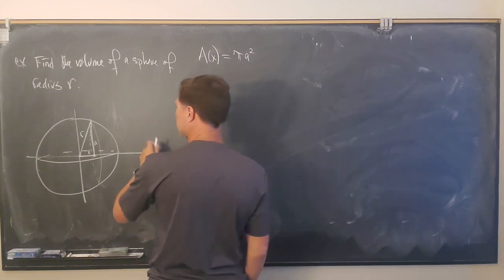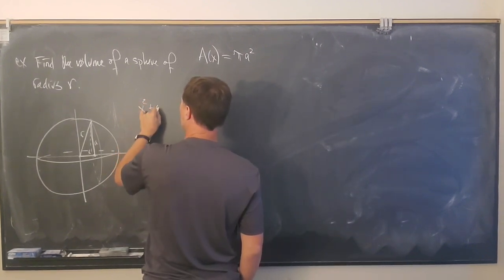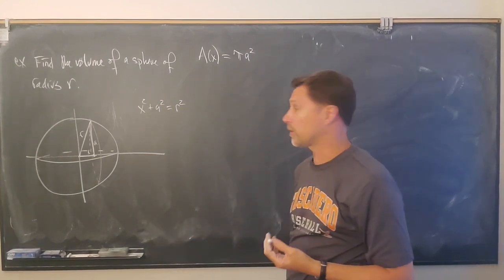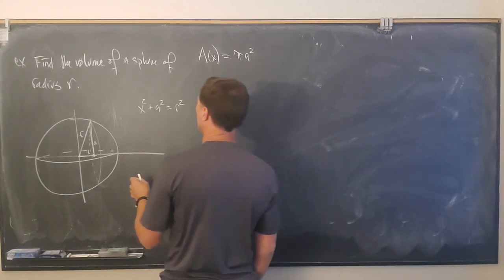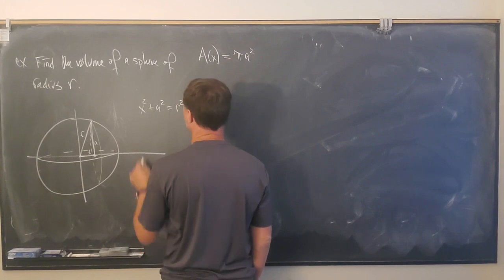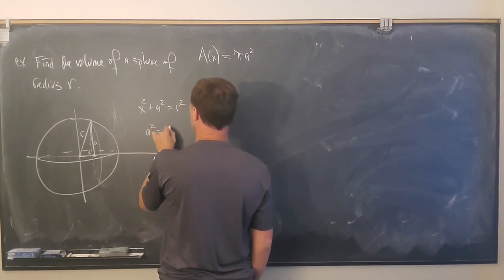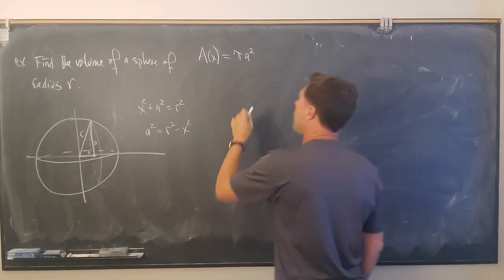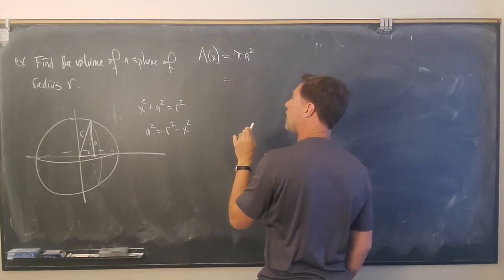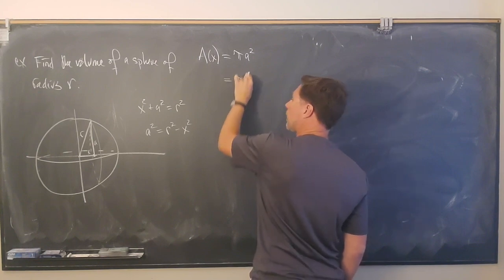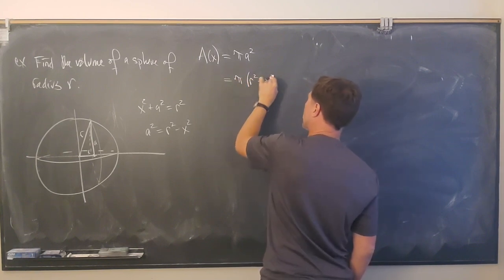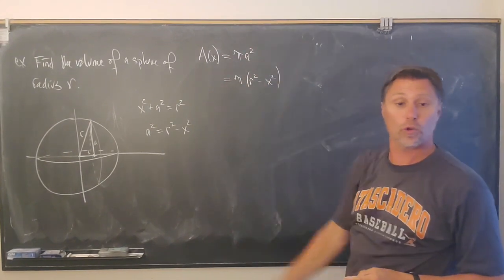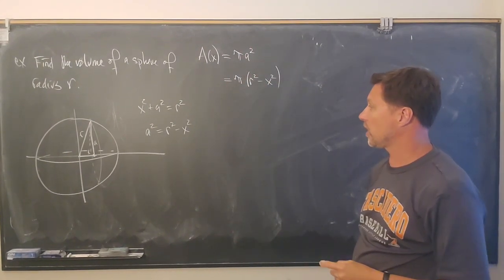We know that x squared plus a squared equals r squared. That's the Pythagorean theorem right there from our right triangle. And so what we get is that a squared is equal to r squared minus x squared. And so up here we have area is equal to pi times (r squared minus x squared). That gives us a formula for the area of the circle that we get when we slice at position x.